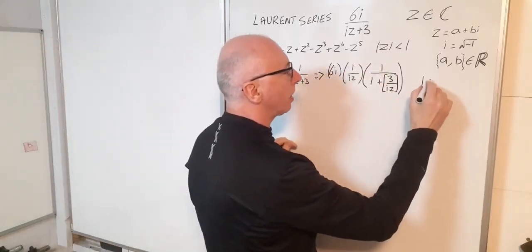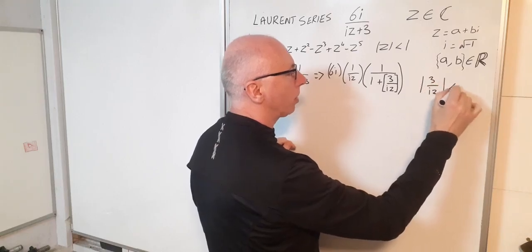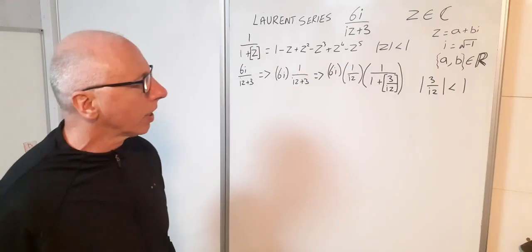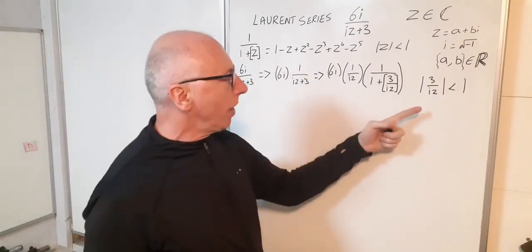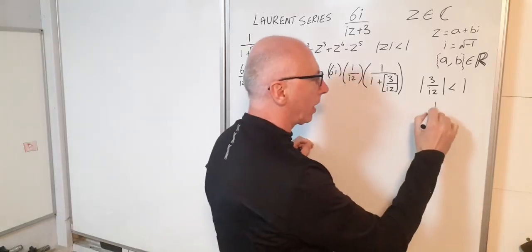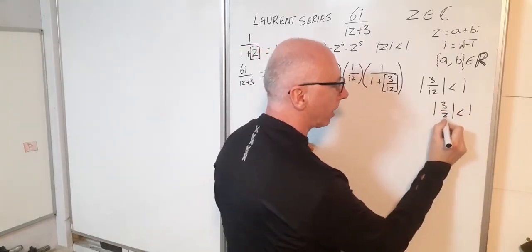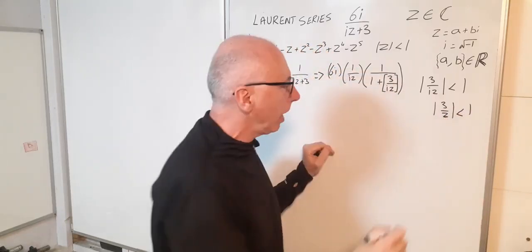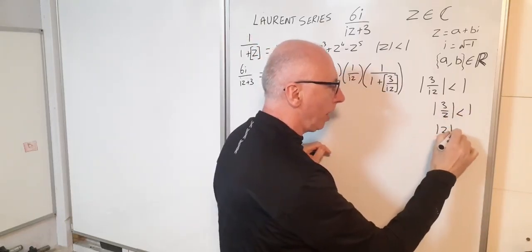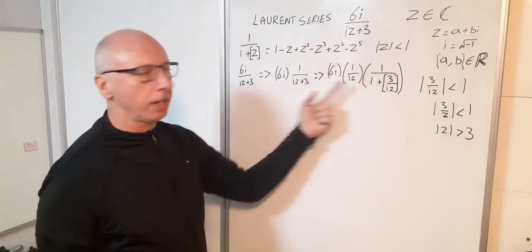So this would be valid for the absolute value of 3 over iz less than 1. Now if we simplify that, the absolute value of i is just 1. So that gives us 3 over z less than 1. That's a z, not a 2. And the absolute value of z will then be greater than 3. So that's what makes this series valid.